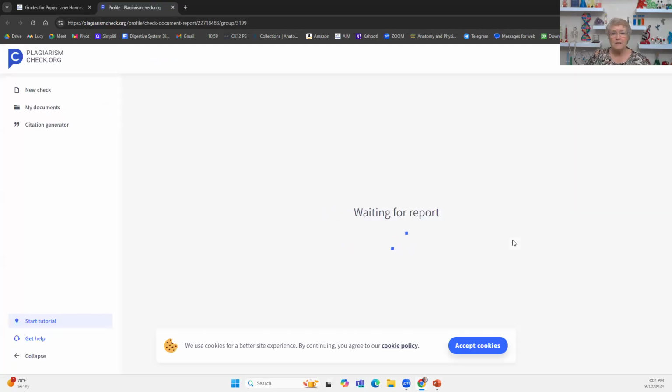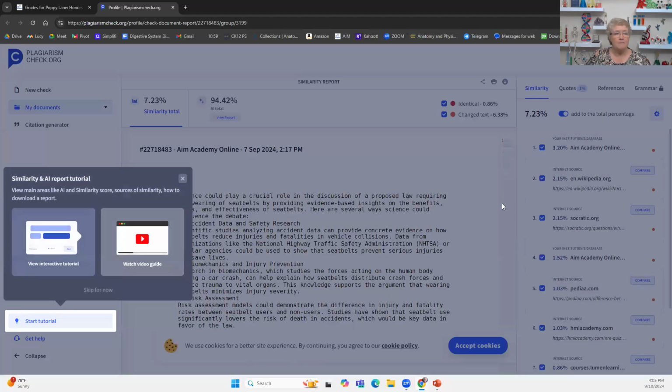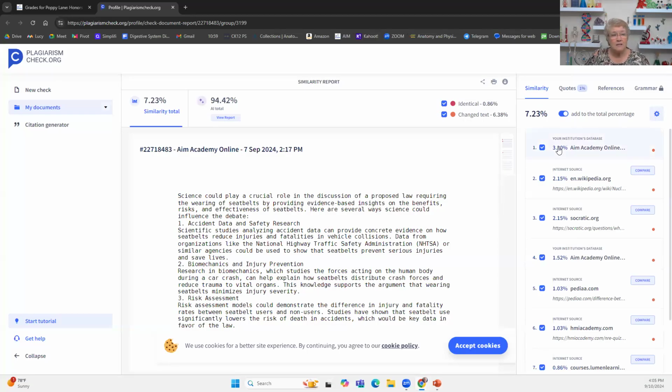If you click on that, it takes you to the actual report, and it'll tell you what % of your work that you submitted came from another website. So you can see here, only 7% of this was from another website, 3% from AIM Academy, 2% from Wikipedia, 2% from Socratic.org, 1% from, you get the idea here. So I'm not concerned about a 7%. You know, that's insignificant.